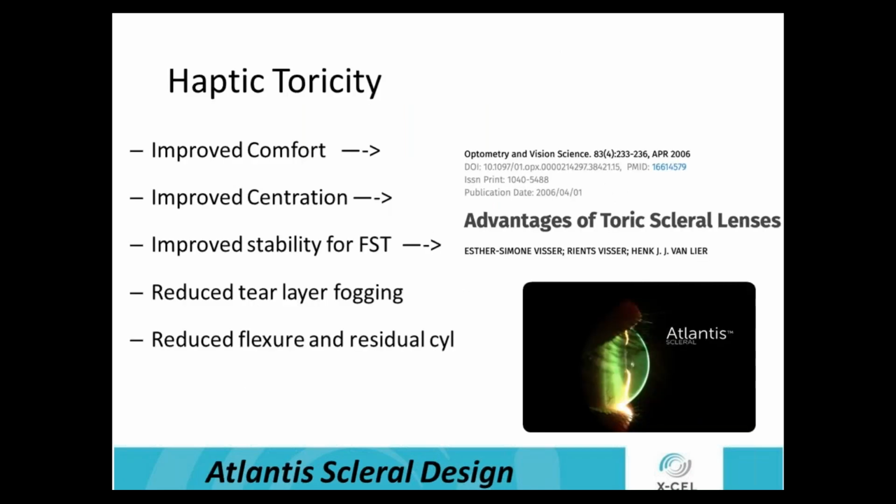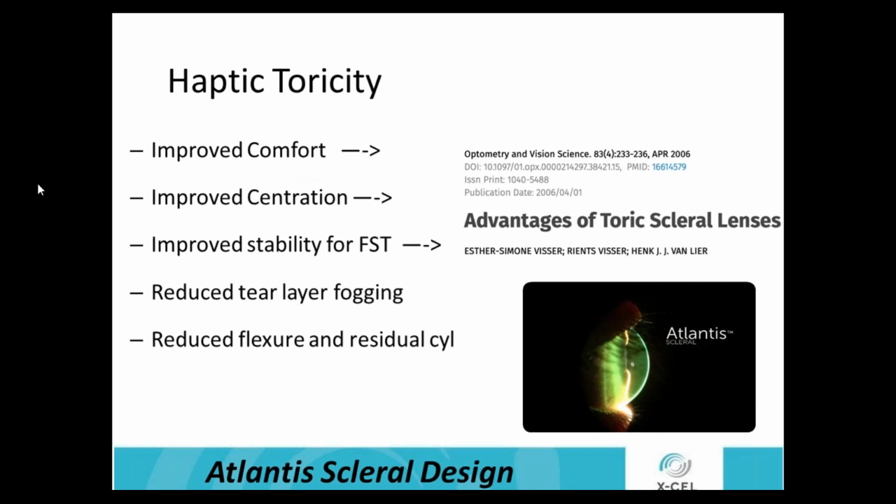But when we looked at the studies, we saw all of these advantages of putting a toric haptic or toric scleral zone, including comfort, because we're aligning with that sclera a lot better. So that comfort has increased for that patient.